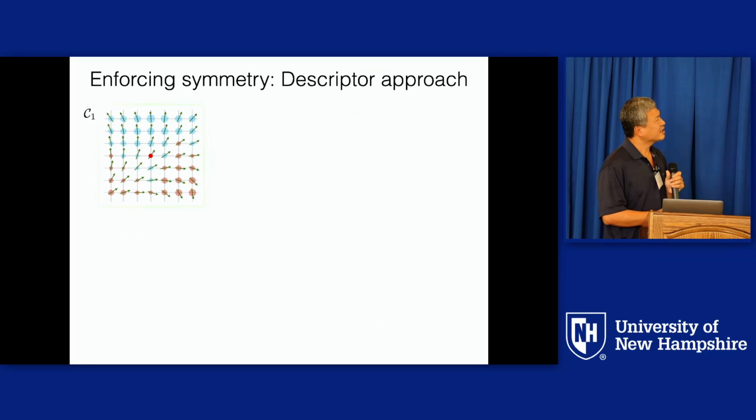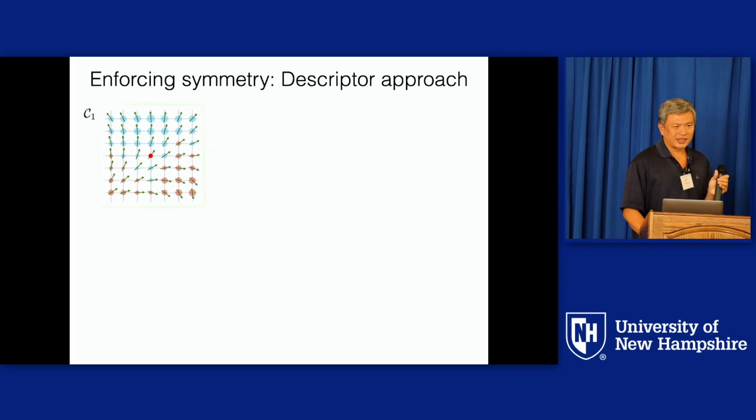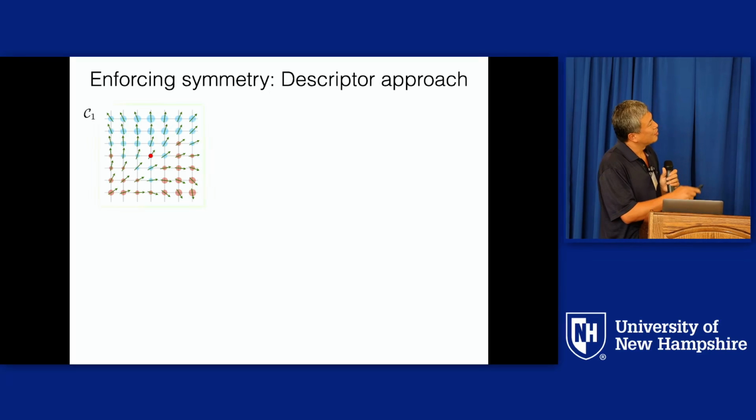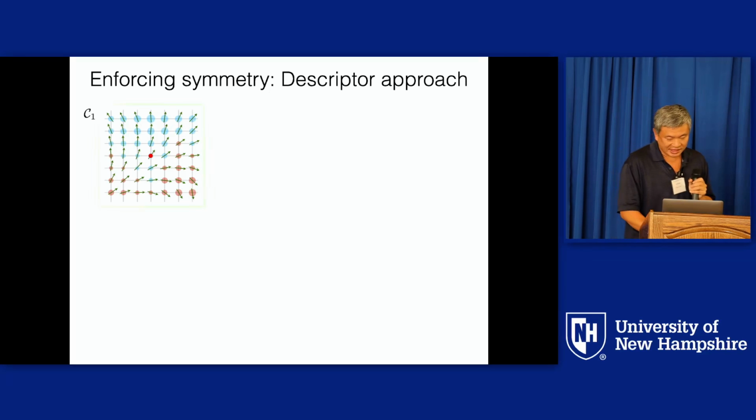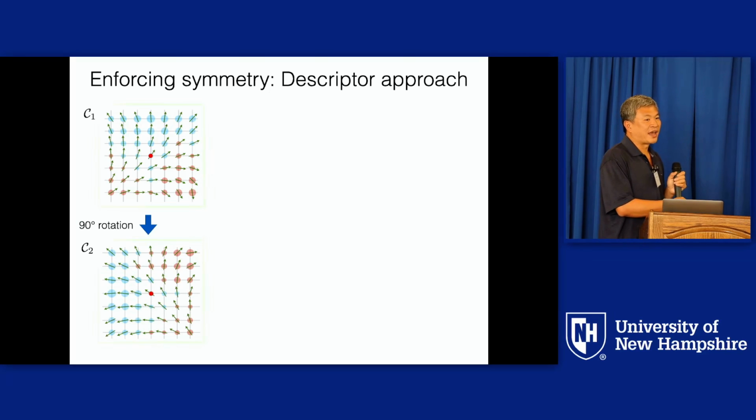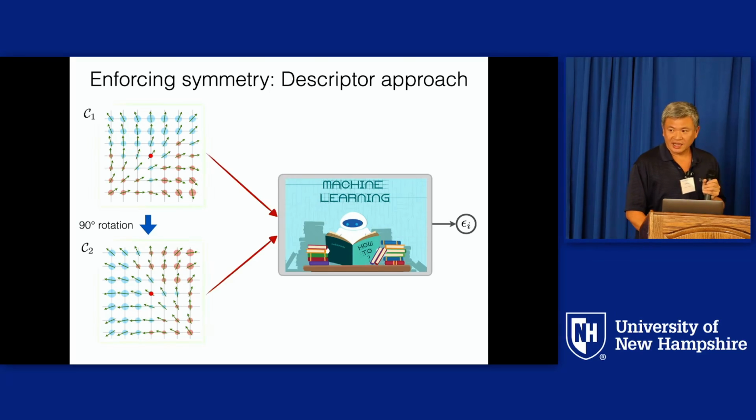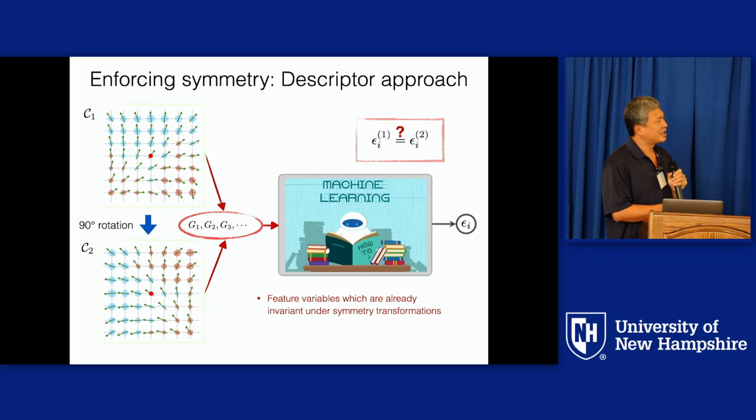Okay, next I will quickly go over the descriptor. The reason we need the descriptor is this: say we have this order parameter or classical field configuration C1, and then you rotate it by 90 degrees, and you feed these two into the machine learning model. It will give you two local energies.